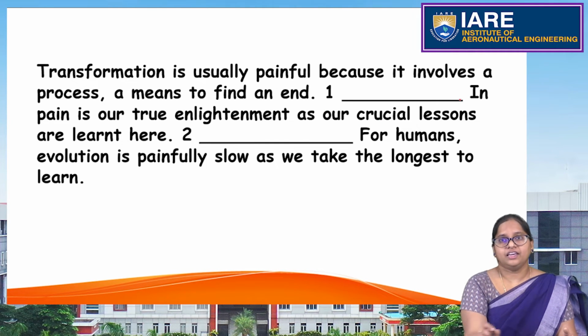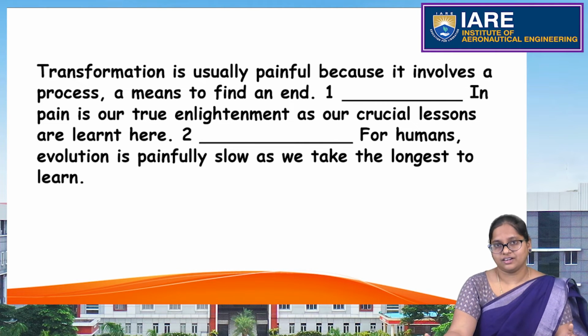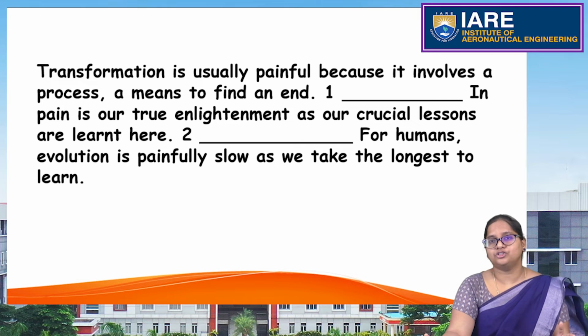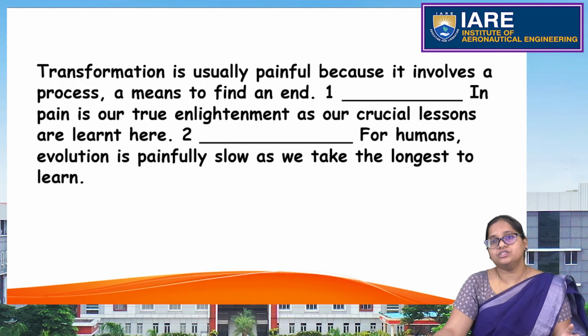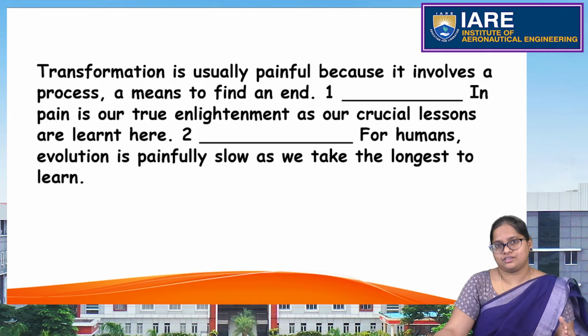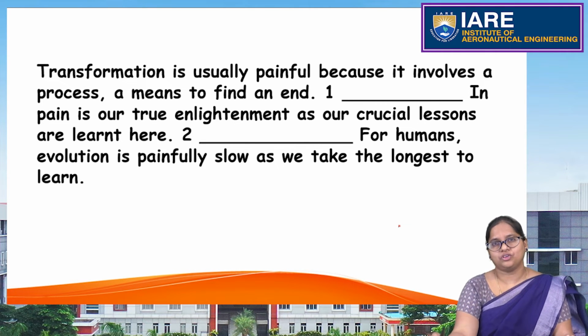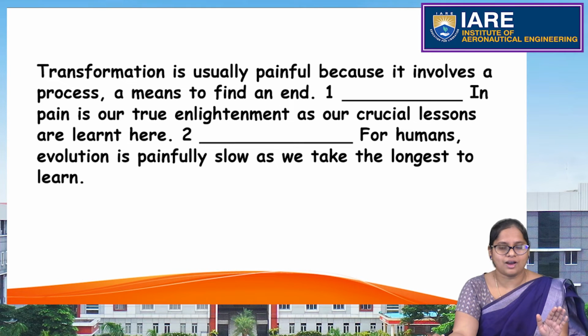In pain is our true enlightenment, as our crucial lessons are learned here. Mostly we learn lessons in our suffering. So that is a thought here. And for humans, evolution is painfully slow as we take the longest. This sort of development is painful because it takes time. So this is all about this paragraph.